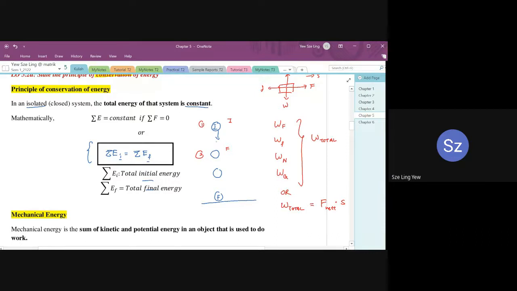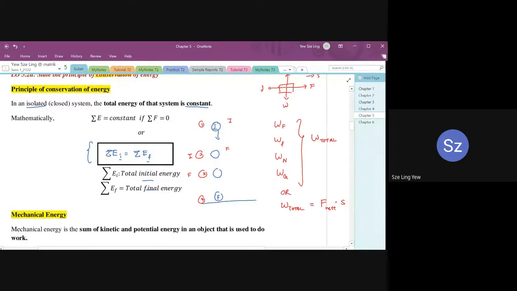It is up to you to choose where the initial and the final are. You can also take position 2 as the initial position and position 3 as the final position. It is totally up to you. But when the object is in an isolated system, energy is always conserved. It means that at every single position, the total energy is always the same.